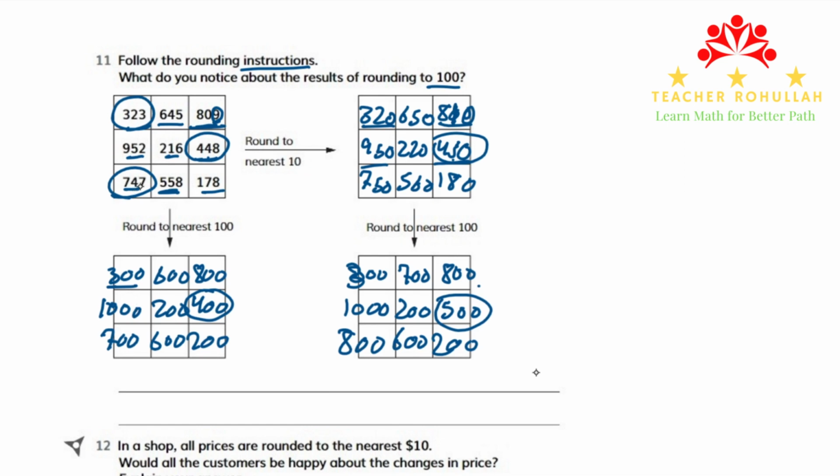When it's directly rounded to the nearest 100, we get 700. But when we first round it to the nearest 10 and then round to the nearest 100, we get 800. So we can say the numbers which are rounded up to the nearest 10 will be more when they are rounded to the nearest 100.